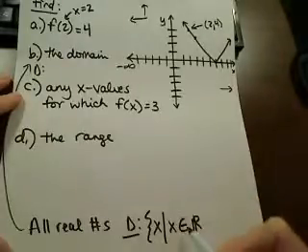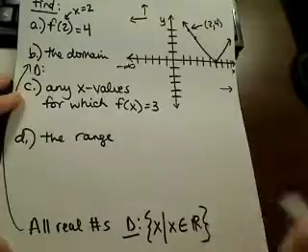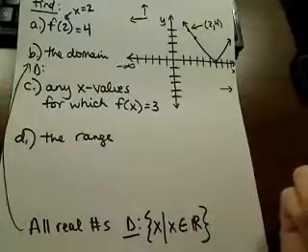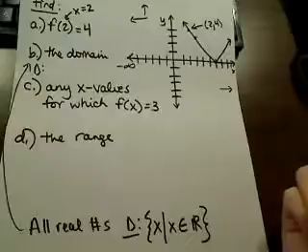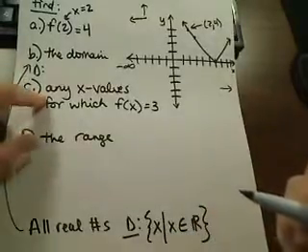So an E like that means element of, an R with a line through it means real numbers. And either of those are okay. And the MyMathLab program probably has a specific way that they want you to enter it, so you should read that on what they have.